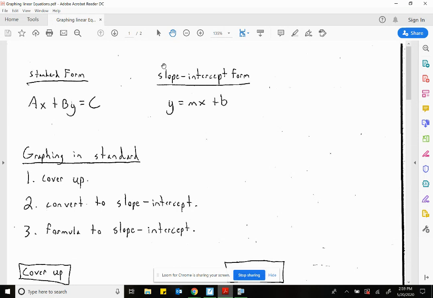Here are the 2 equations that you really deal with when dealing with lines. Most of you remember this one, y = mx + b, the slope-intercept form, where m is the variable that represents slope, and b represents the y-intercept.